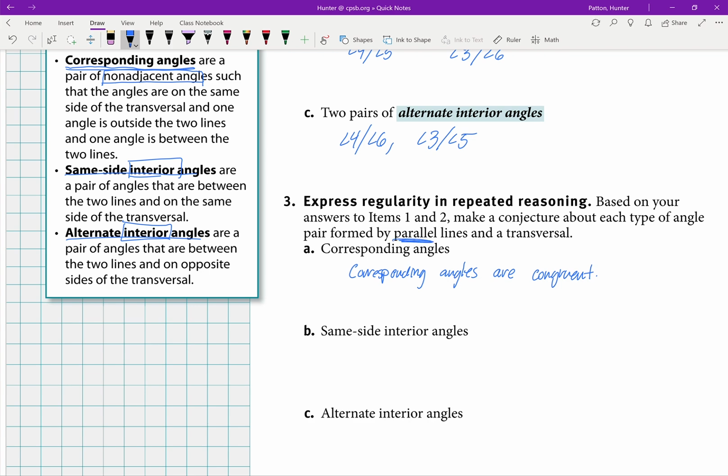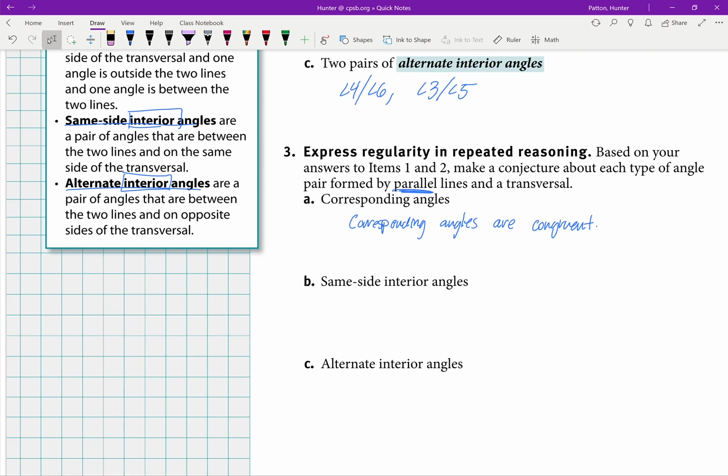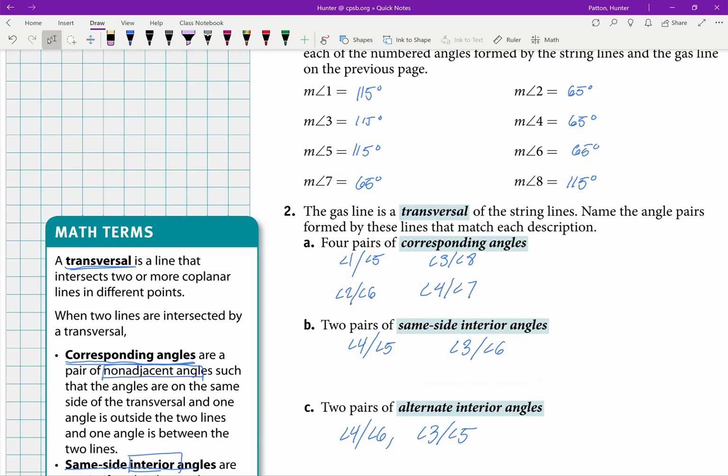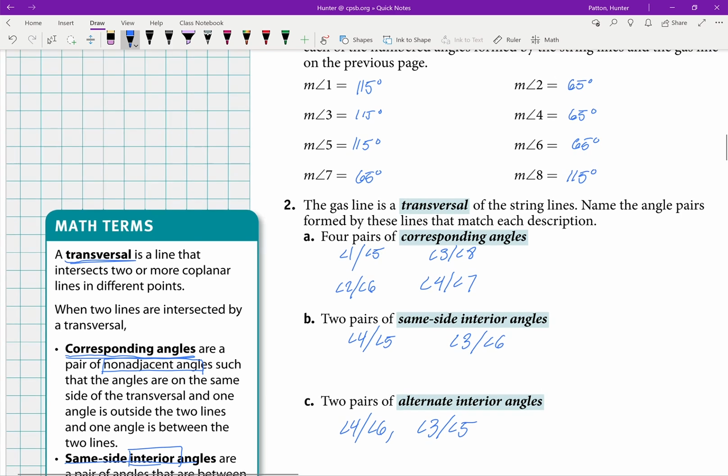Important. Okay. Same side interior angles. Let's look at our pairs of same side interior angles. Angle 4 and angle 5: 65 and 115. Those aren't the same. What else? Let's try adding them up. 65 plus 115 is 180 degrees. Wow. If I can add two angle measures up to equal 180 degrees, what does that mean? It means they're supplementary. Let's check if the other pair works out that way.